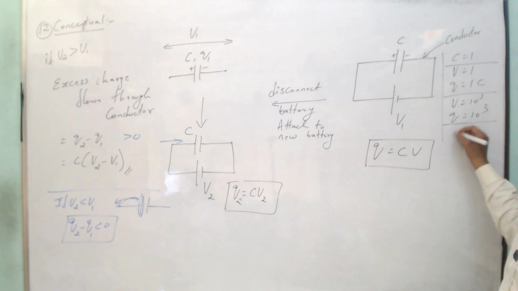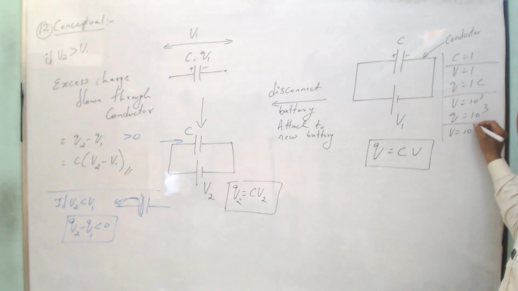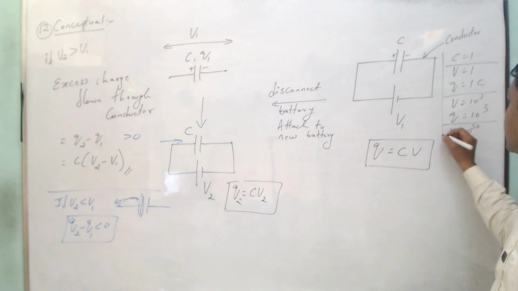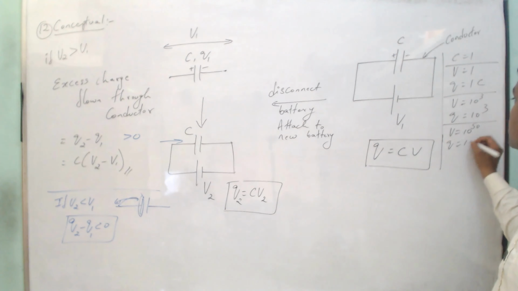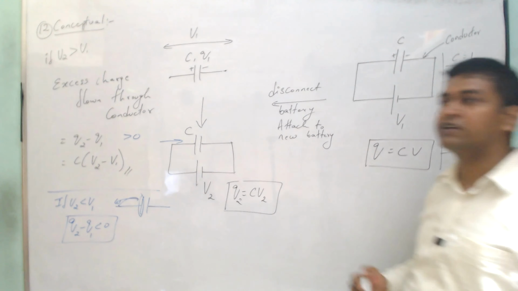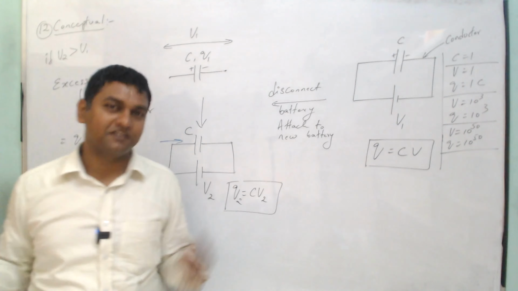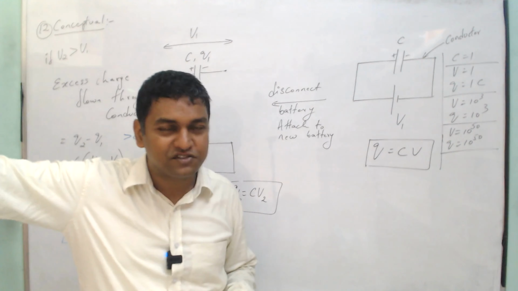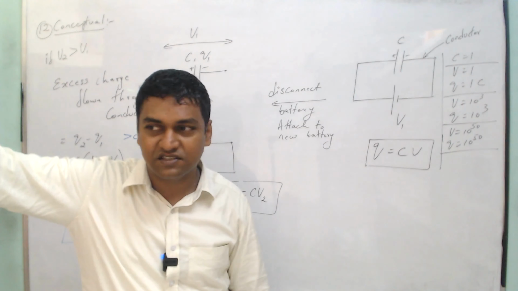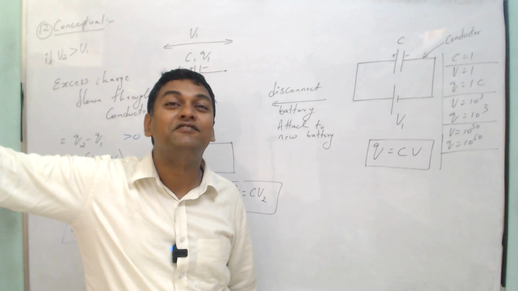I am going further crazy. Say voltage is 10 to the power 50, a very huge number. Charge is also 10 power 50. From where will 10 power 50 charges come? From the battery? From the conductor? The battery does not provide charges, it provides potential difference. Then the charges in the conductor would automatically finish off.